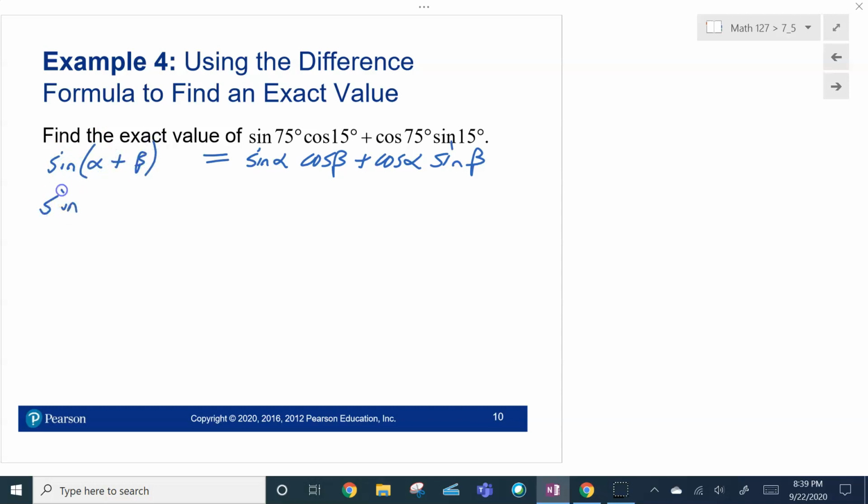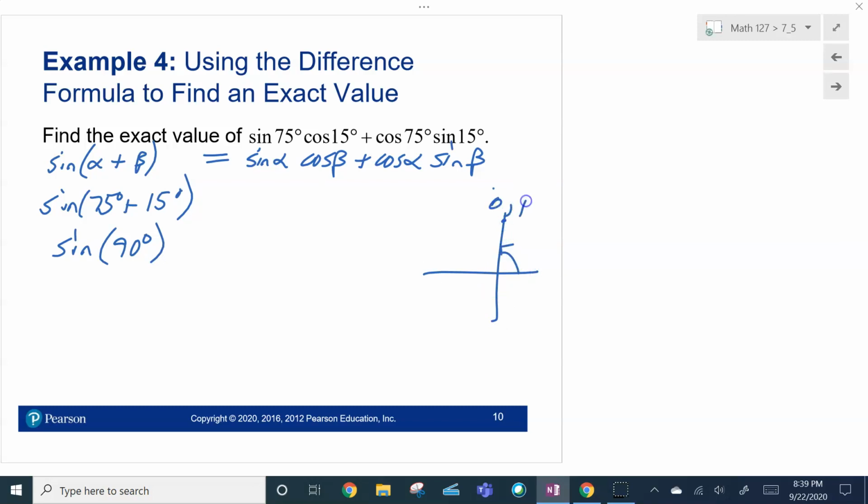So in this case, alpha is 75 degrees, beta is 15 degrees, so that's the sine of 90 degrees. Well, we know the sine of 90 degrees, right here on the unit circle. Sine is 1. So we got 1 on that.